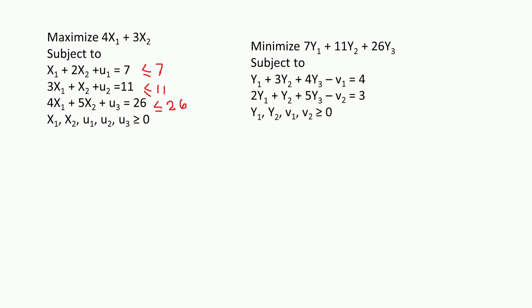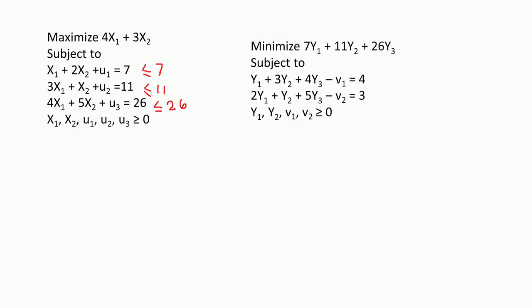Initially we will write the dual as a minimization problem, with y1, y2, y3, and later we add the slack variables.